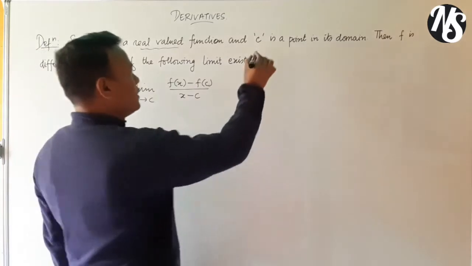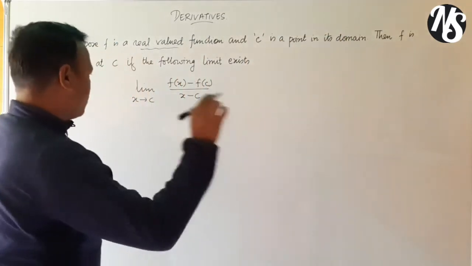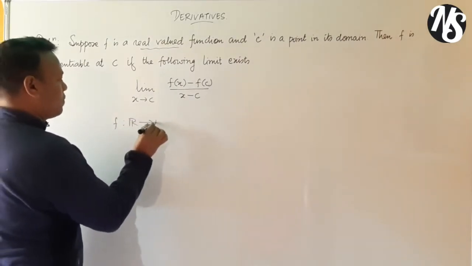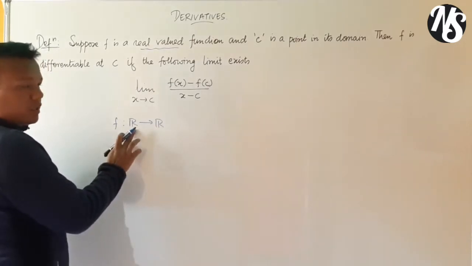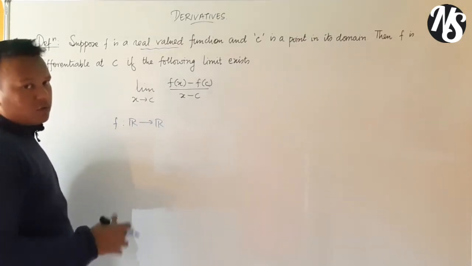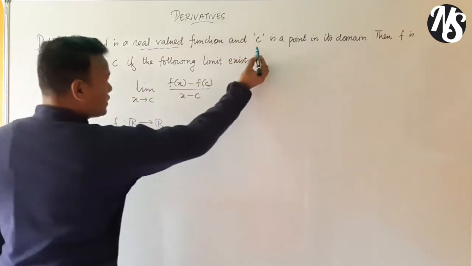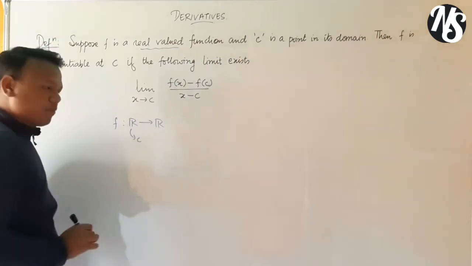And c is a point in its domain. So basically there's a function f from R to R, where the first R is the domain and the second R is the codomain, and c is a point coming from the domain.